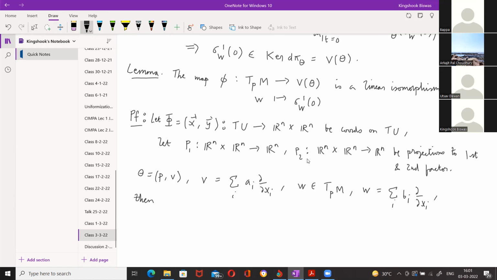Then capital phi of sigma w of t: let x of p be, say, p1 to pn.